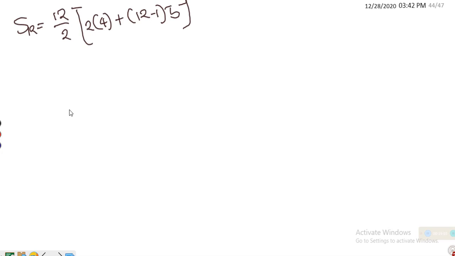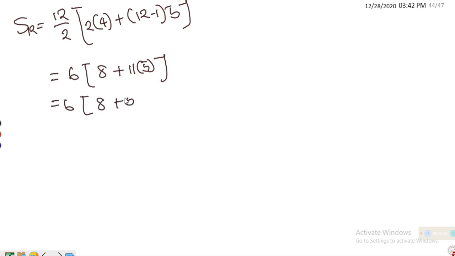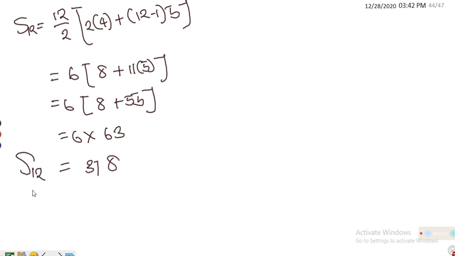So we can have that to be 6 into 8 plus 11 times 5, which is 6 into 8 plus 55, which is 6 times 63. 6 times 3 will give us 18, carry 1, 6 times 6 is 36 plus 1, 37. So therefore the sum of the first 12 terms is 378.